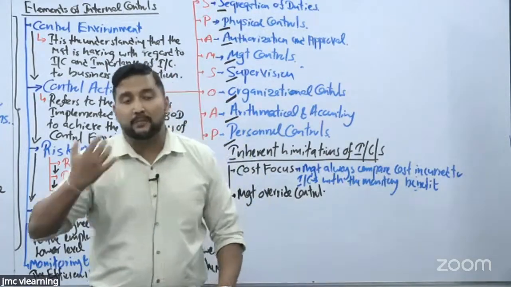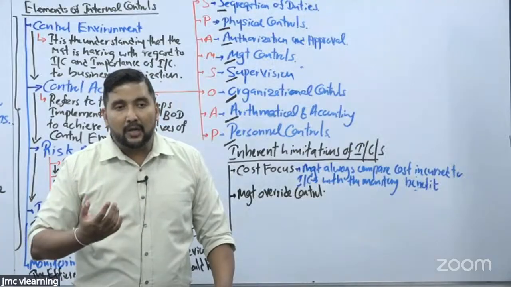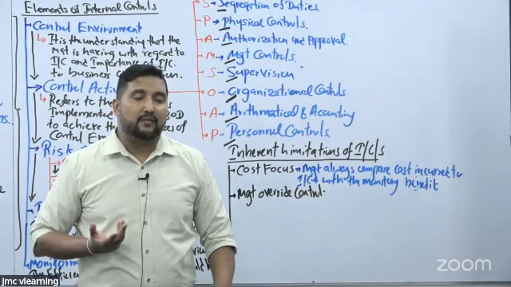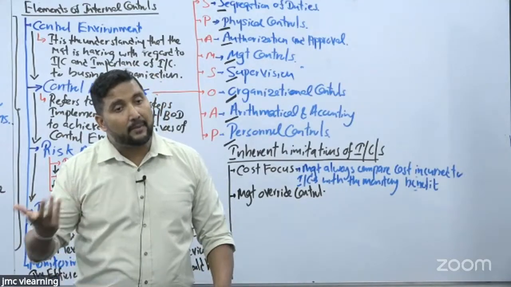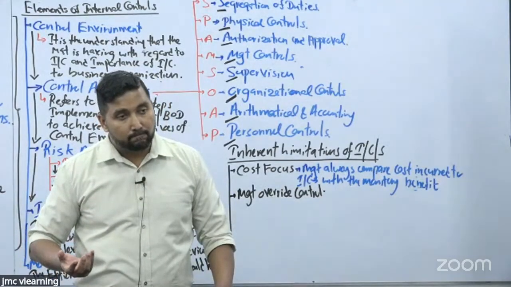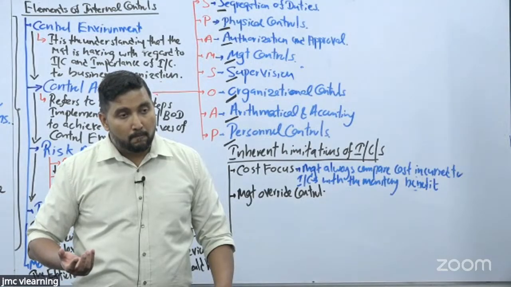But by using the power which they have, the people who are responsible for the implementation of internal controls may override those controls themselves. Can it happen or can't it happen? It can.